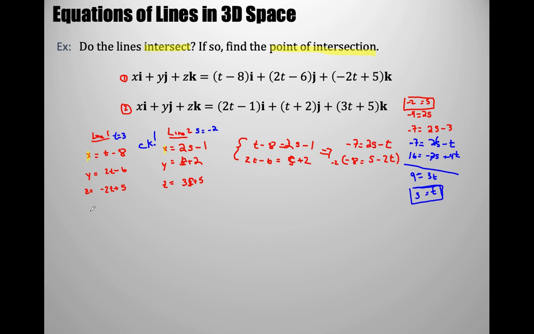So for line 1, x is equal to t minus 8, which is -5. Y is equal to two times 3 minus 6, or 0.